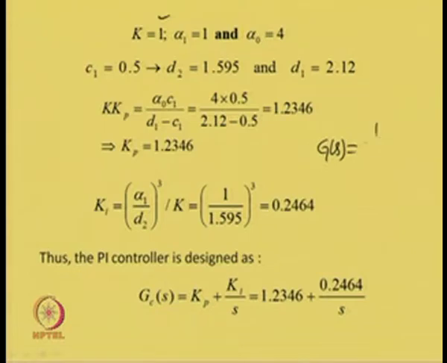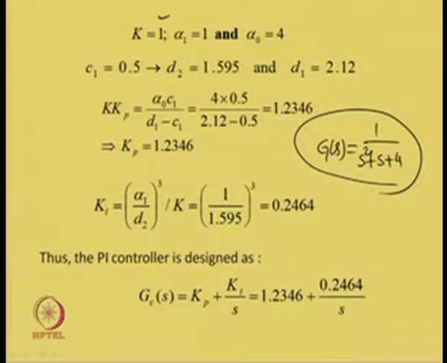is having the dynamics given by s squared plus s plus 4. So, we consider an all pole transfer function of the form G(s) is equal to 1 upon s squared plus s plus 4, and the damping ratio for this one is equal to 1 upon 2 root of 4, which is 1 upon 4, that is 0.25.